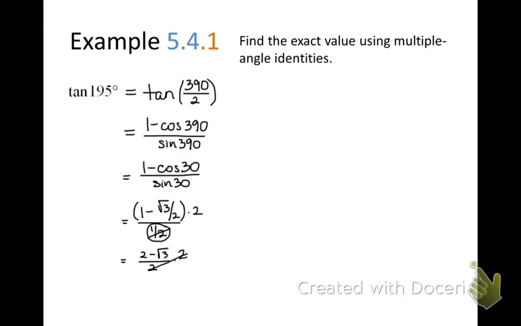Those cancel, right? Just to walk through that, I rewrote the top fraction as 2 over 2 minus root 3 over 2, so that's this part, and then I took my 1/2 and flipped it up as times 2. But now those 2's cancel. So this answer is just 2 minus the square root of 3.